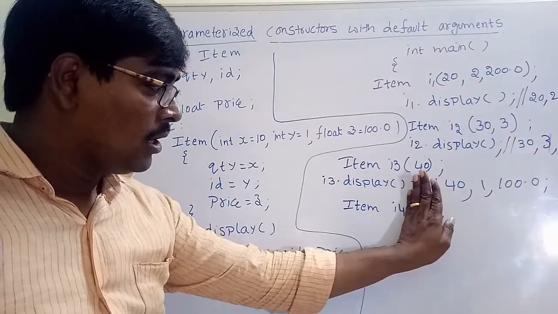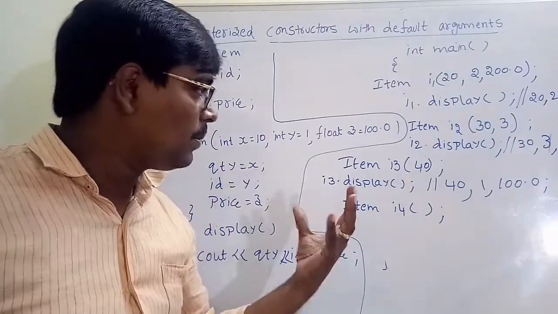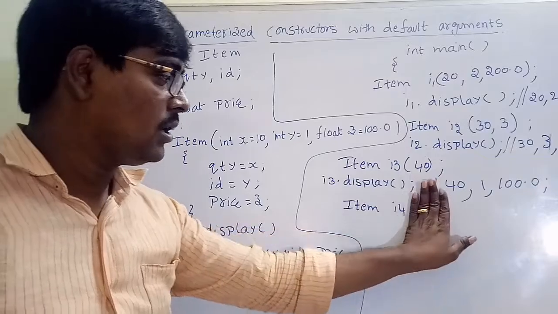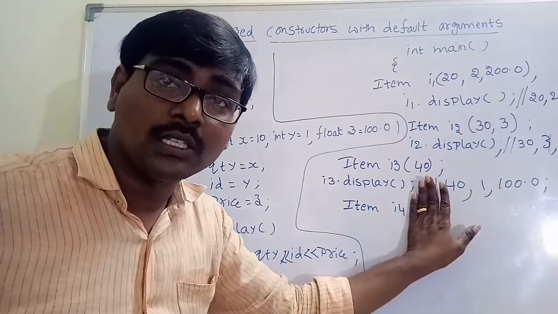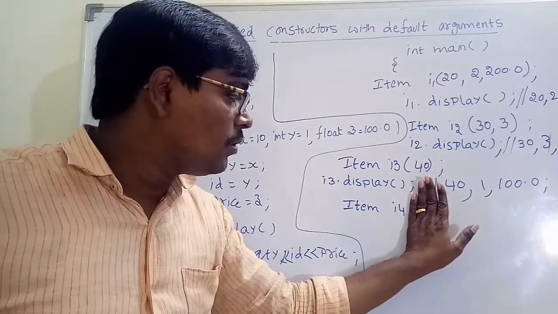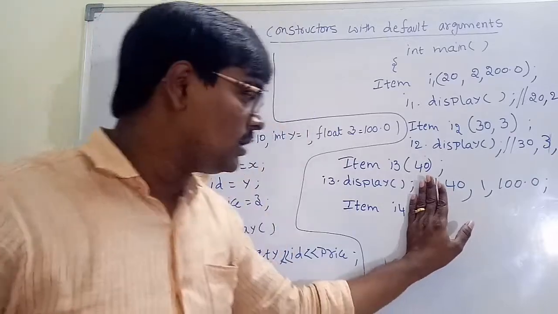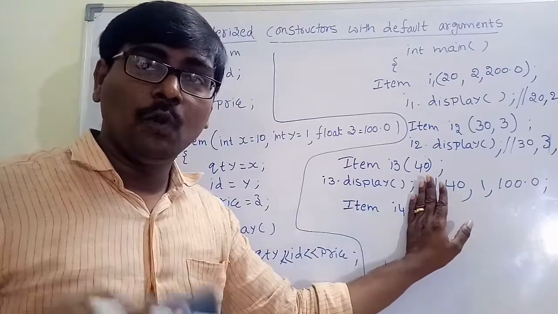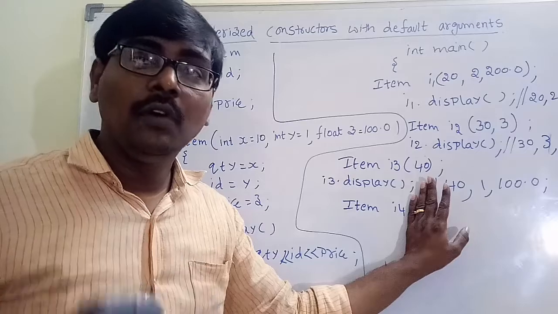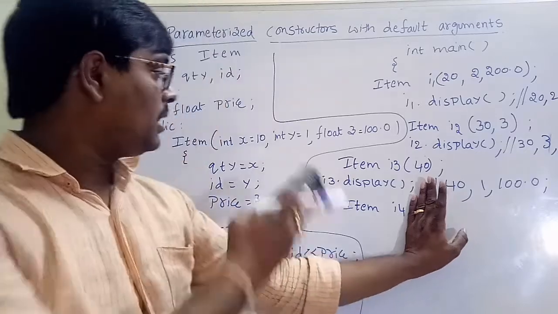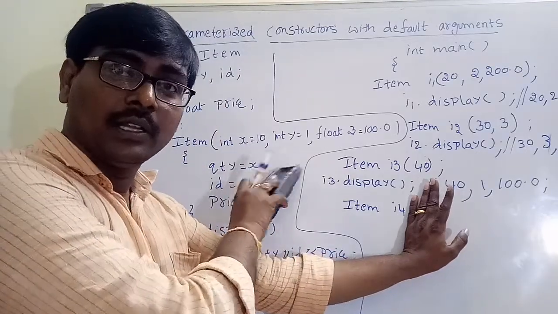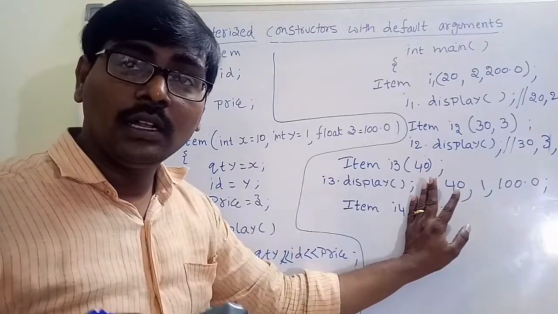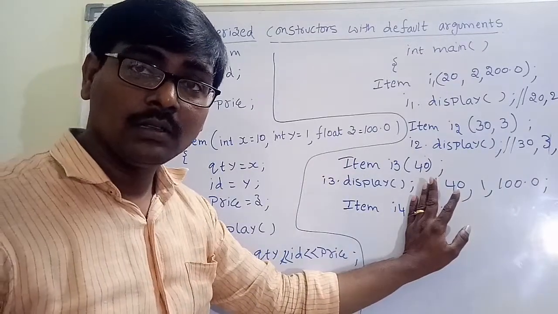Remember, suppose you think that you have no parameters, already default values. If you are not writing these parentheses, what happens? The object i4 calls the default constructor, but the program contains the parameterized constructor. The default constructors are hidden, so it gives an error.